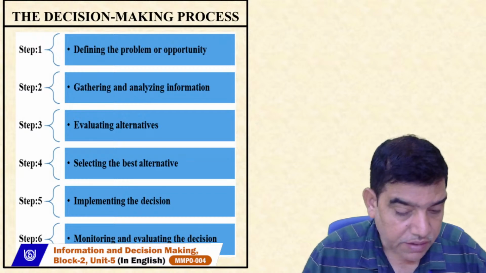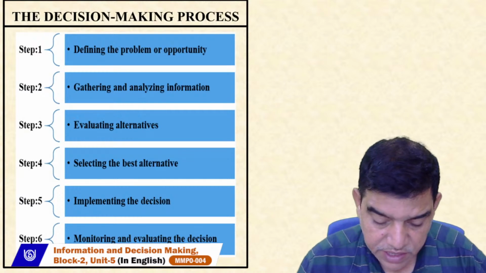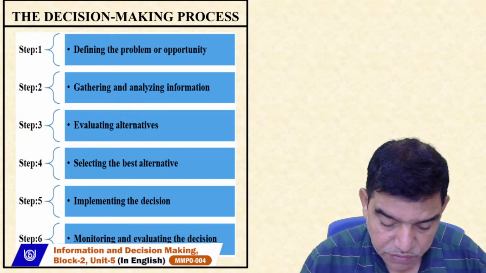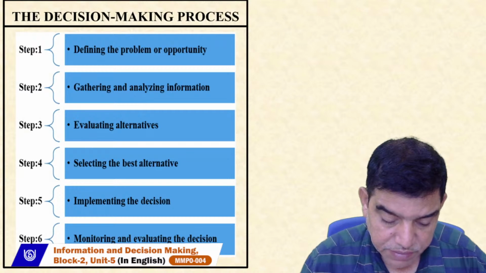Then examine the data, analyzing it for trends, patterns, and insights. This could include the use of data visualization software, statistical analysis software, or other methods. Then draw conclusions and make recommendations.